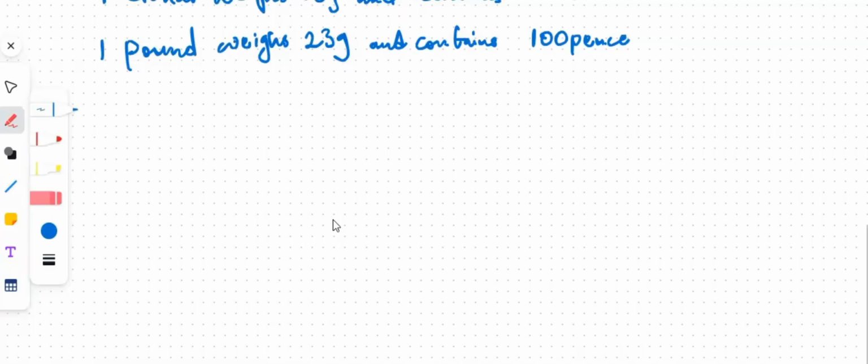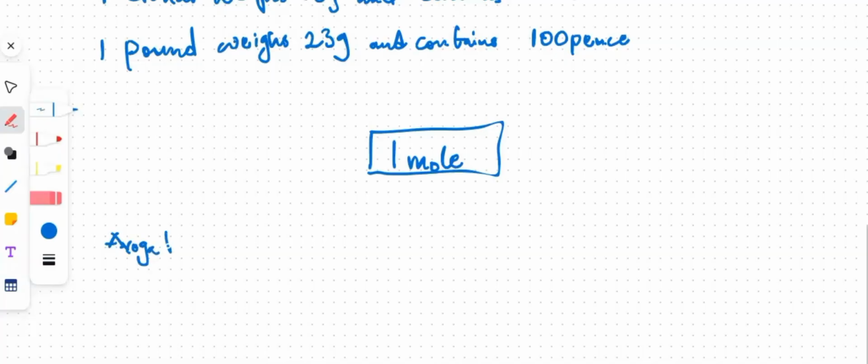So let's move on. Let's find the relationship between mass, mole and Avogadro's constant. We will use a triangular relationship where we have 1 mole, and we have the Avogadro's constant, that is 6.02 times 10 raised to the power 23.